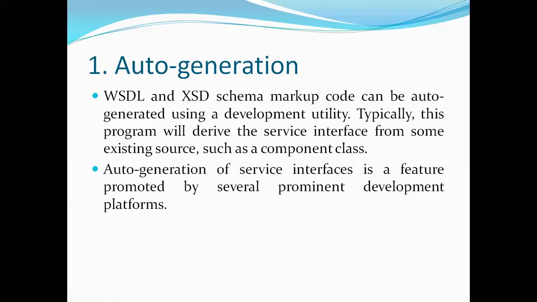With the help of the component class, the user is able to develop the WSDL document. Auto generation of service interface is a feature provided by most of the prominent development platforms. The platform may be Java, where Axis provides the platform for generating web services in Java. I am showing Axis 1 implementation practically in my part 2 video.